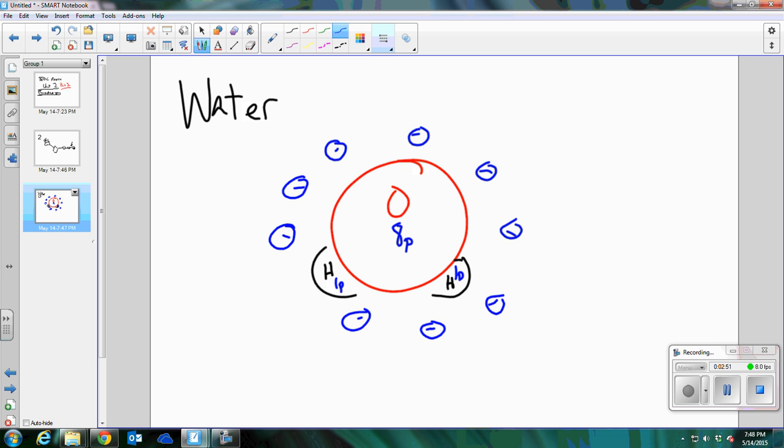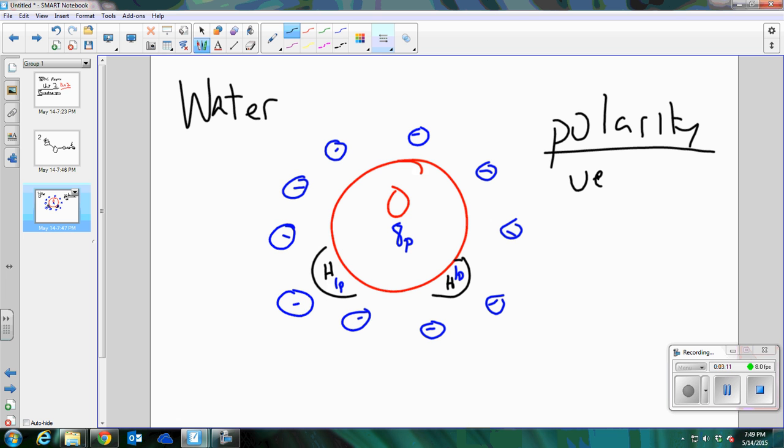And those 10 electrons are swarming around the molecule. And remember, we talked about how a covalent bonded molecule will share those electrons. Well, a polar molecule, if we say something has polarity, then there is an unequal sharing of those electrons.